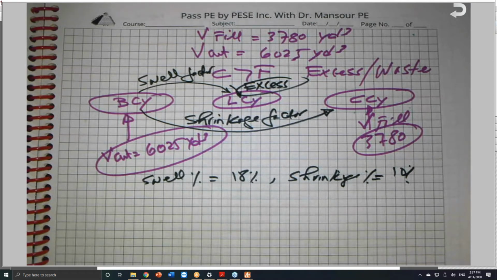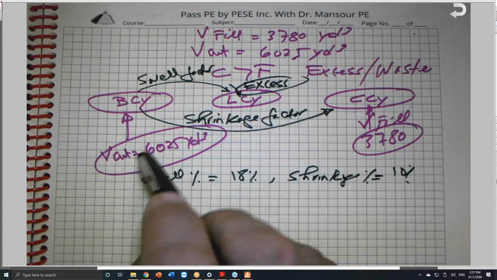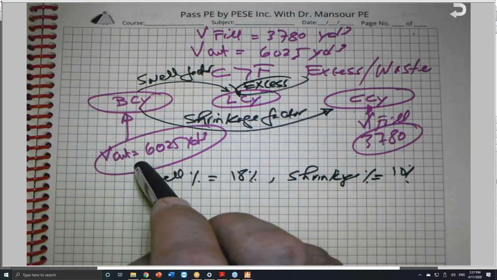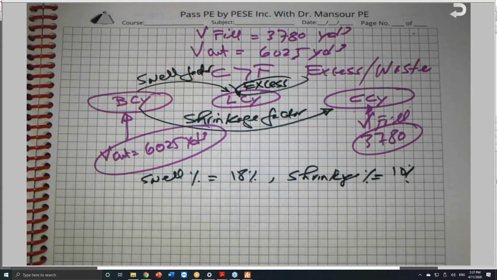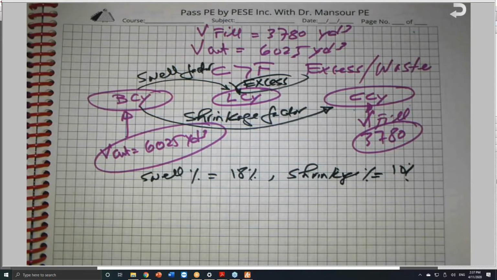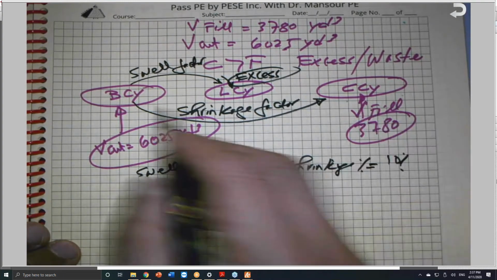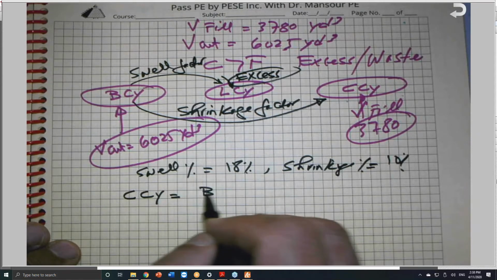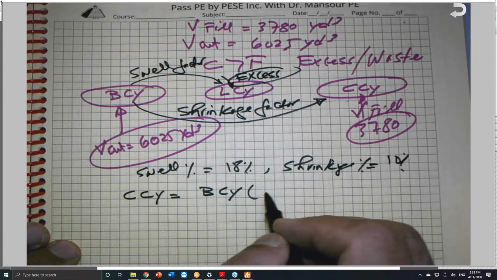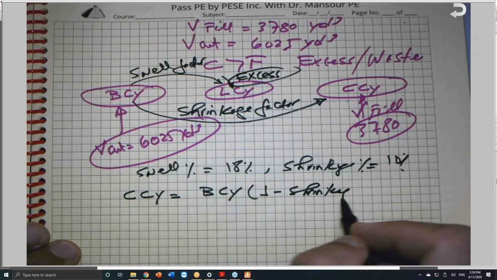So it is easier for me to convert this to this, to make it the same as the cut, and take the difference, and after that I will convert the cut into the loose. This is the way I will recommend. So I have compacted cubic yard equal to bank cubic yard times 1 minus shrinkage percent, which is the shrinkage factor.